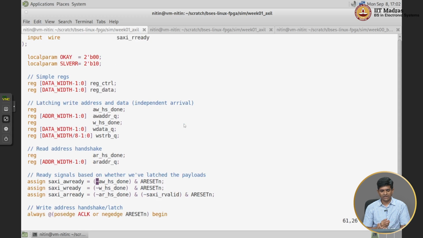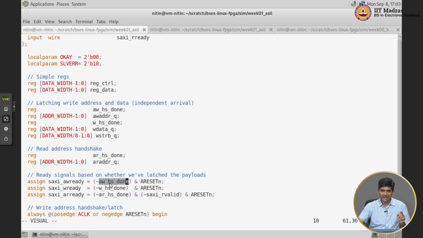Now, the interesting thing is that it actually allows us to write our code in a very compact manner. AW ready is a signal that needs to go back from my reg bank to the manager. All that I do is ask: am I done with the current AW handshake? If not, then I say I am ready, because this AW handshake done will be low whenever I am not in the middle of a handshaking process.